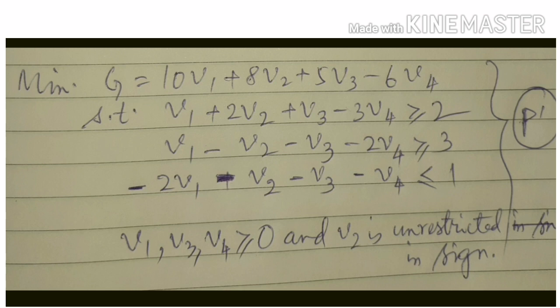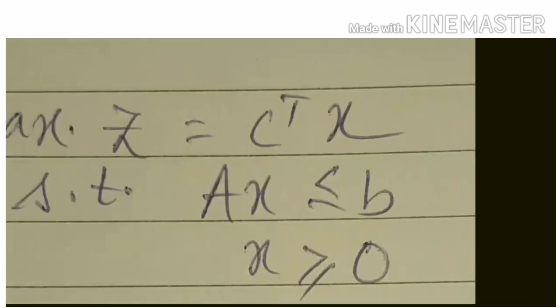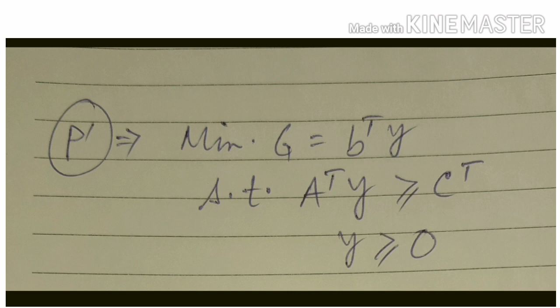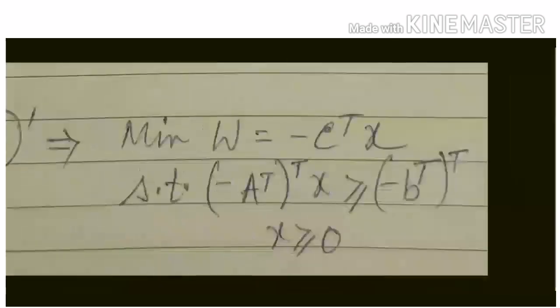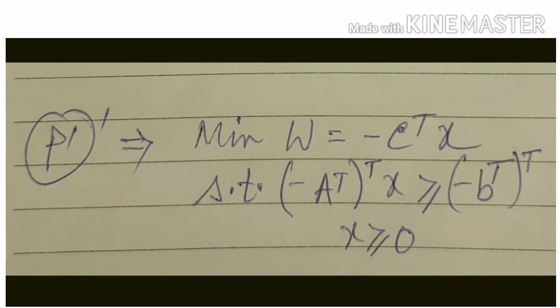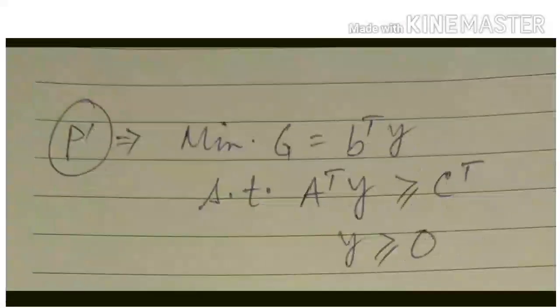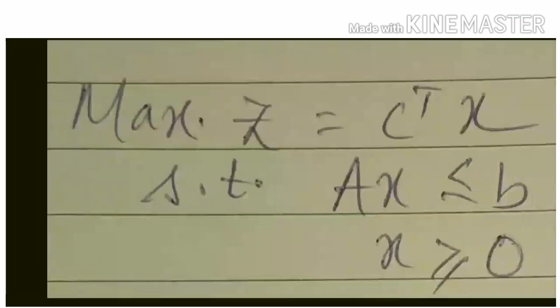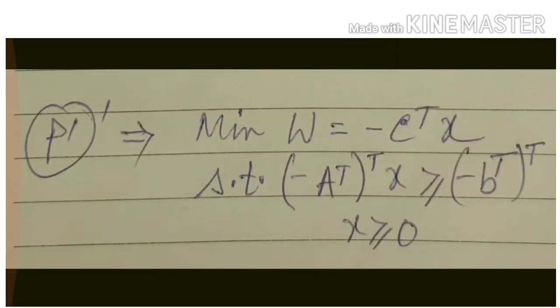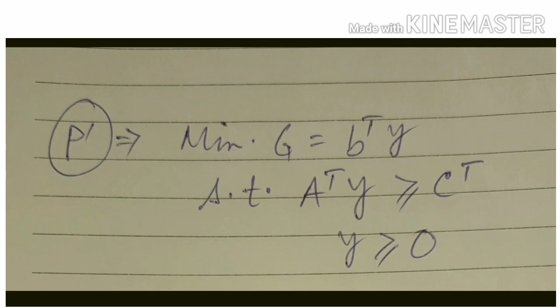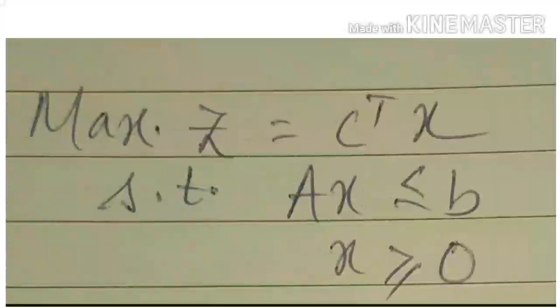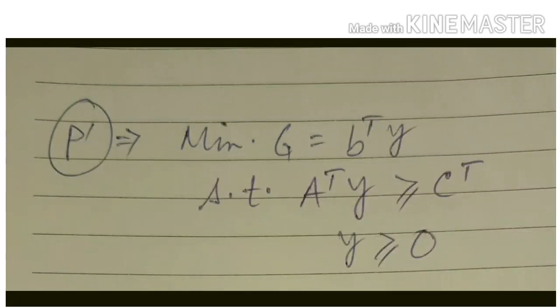Also, if we consider the dual problem as the primal, that is, minimize g = bᵀy subject to Aᵀy ≥ cᵀ, y ≥ 0, then it can be taken as maximize h = -bᵀy subject to -Aᵀy ≤ -cᵀ.